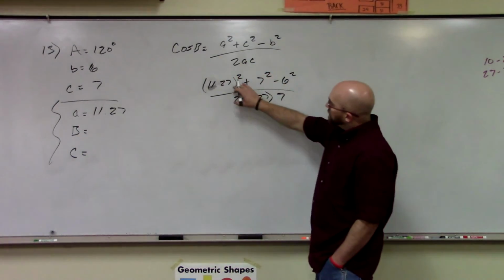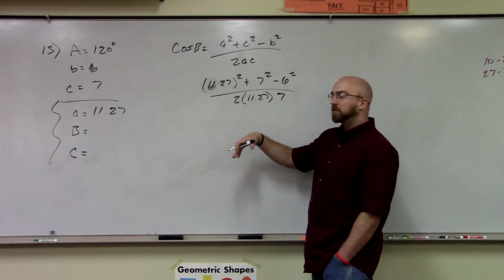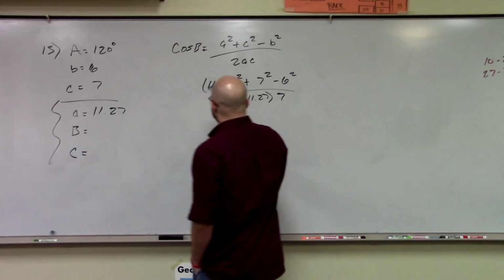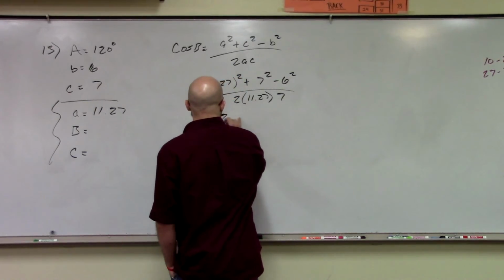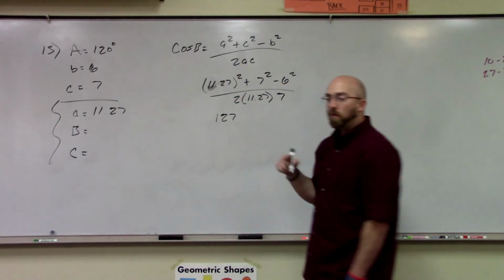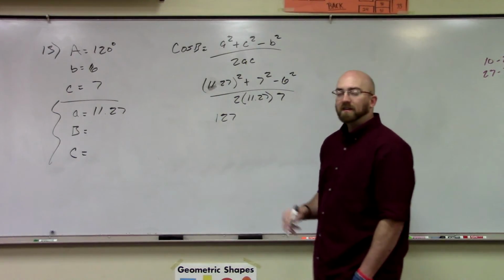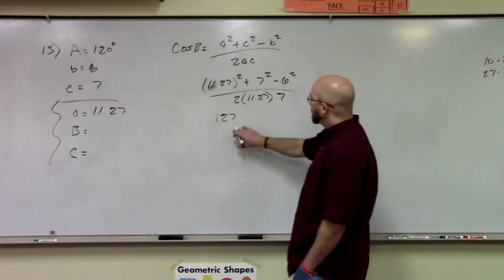What I would do then, since if you go back when we found a squared, we already found that. This should just equal 127. I know if I plug that in my calculator, it won't be exactly that. But if you go from the properties beforehand, when I found little a, it was a squared. So there's that.